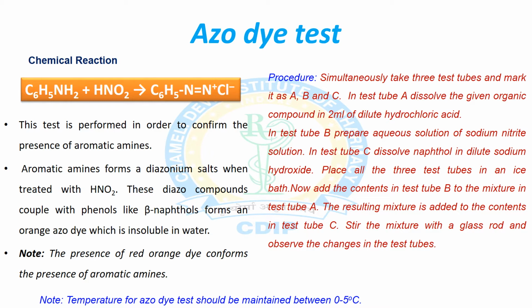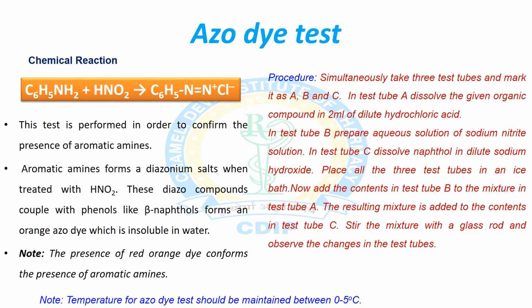After some time, say 2 to 5 minutes, add the contents of test tube B to the mixture in test tube A. The resulting mixture is added to the contents of test tube C, and then stir the mixture with a glass rod and observe the changes in the test tube. So if you find an orange-red color in the test tube, then definitely it is an aromatic amine.